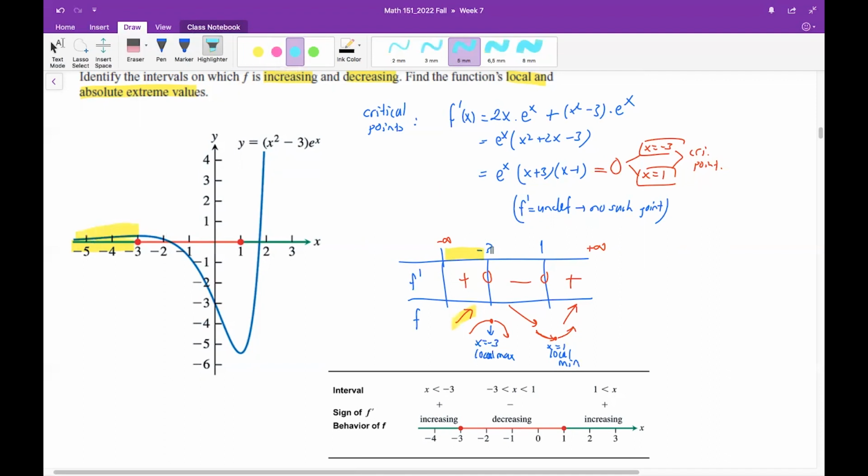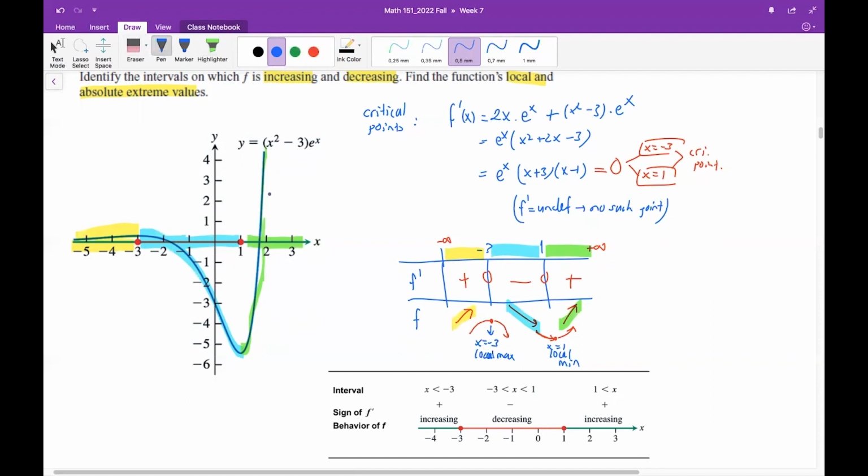And then from minus 3 to 1, it is decreasing. Let's see, from minus 3 to 1 till here, you see your function is decreasing, and the last interval is from plus 1 to plus infinity. It should be increasing. Let's check. You see, this is an increasing function over this interval.